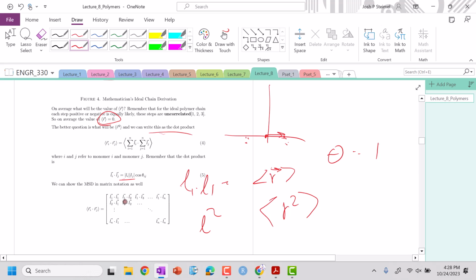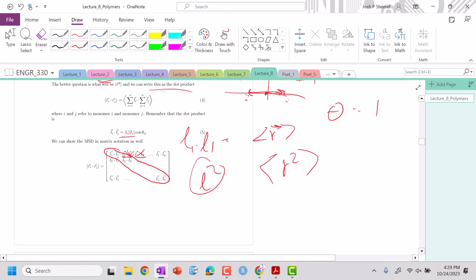Now, if I look at the next step, the magnitude of L will still be the same, but it could be pointing in the opposite direction, right? So I have a probability it could either be +1 or it could be -1. So on average, all of these values will average out. Everything that's not along this diagonal will average out to be 0.